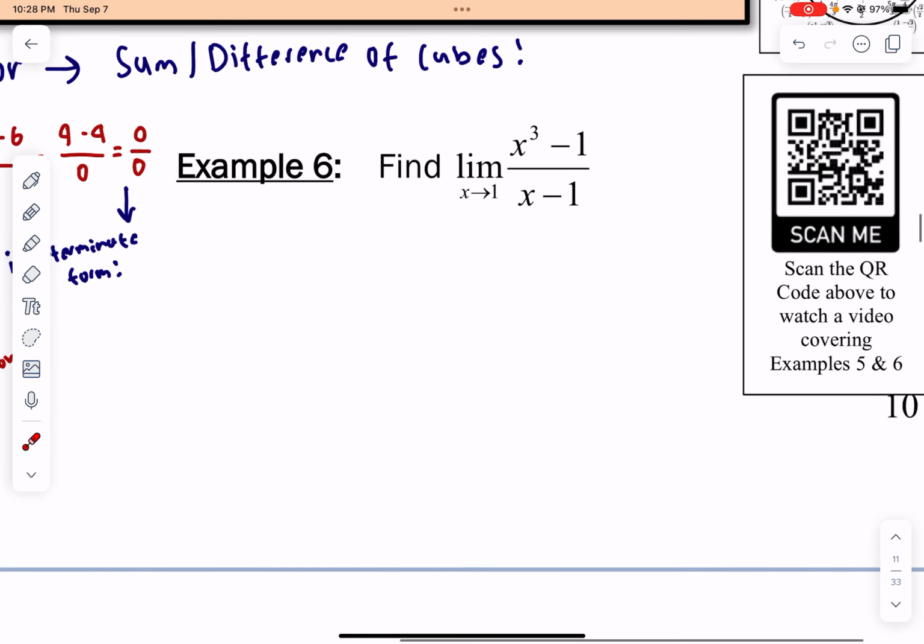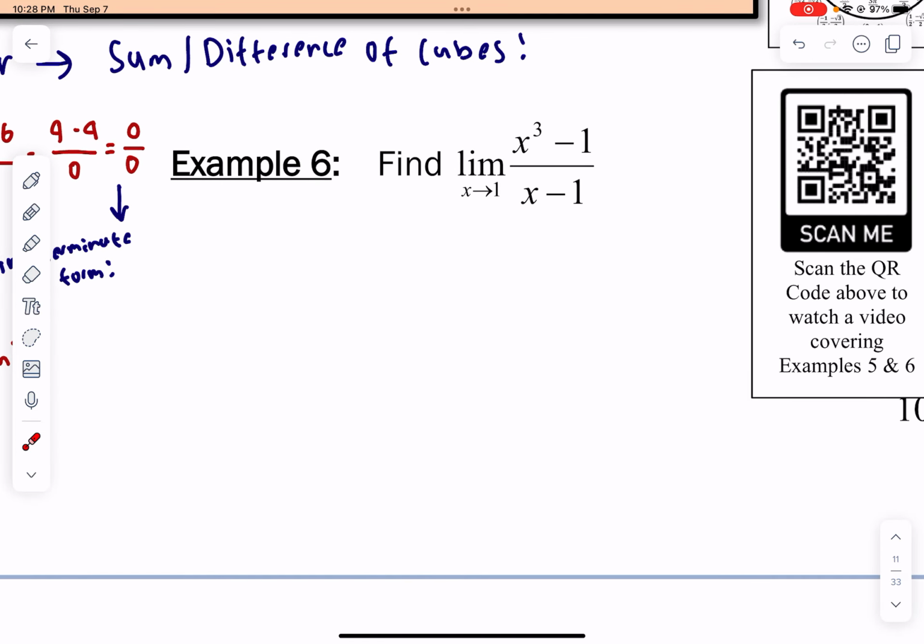In example number 6, they tell us to find the limit as x approaches 1 of x cubed minus 1 over x minus 1. So I'm just going to rewrite the limit here: limit as x approaches 1 of x cubed minus 1 over x minus 1.